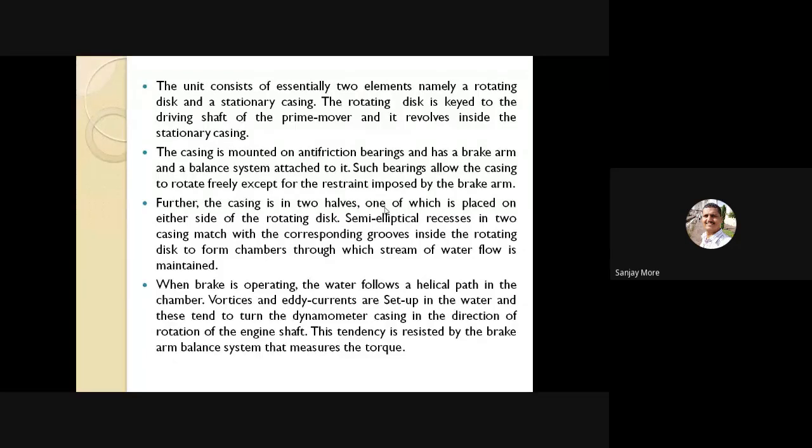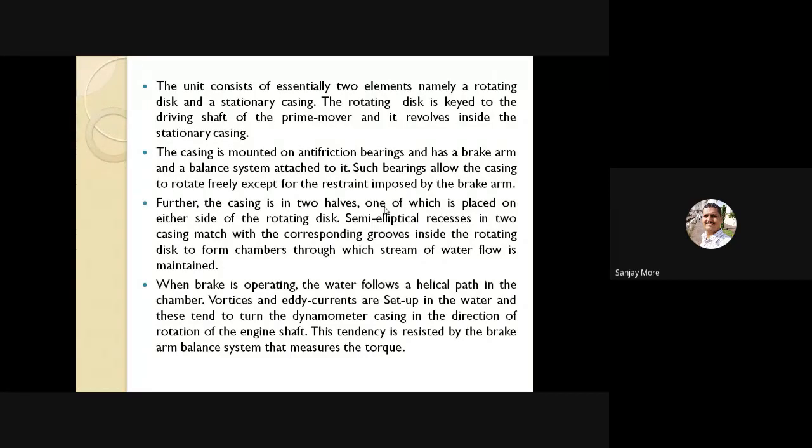Then the casing is mounted on anti-friction bearings and has a brake arm and a balance system attached to it. Such bearings allow the casing to rotate freely except for the restraint imposed by the brake arm.